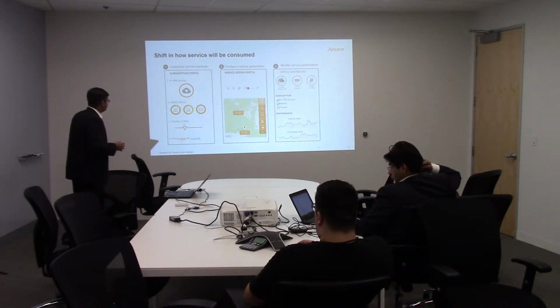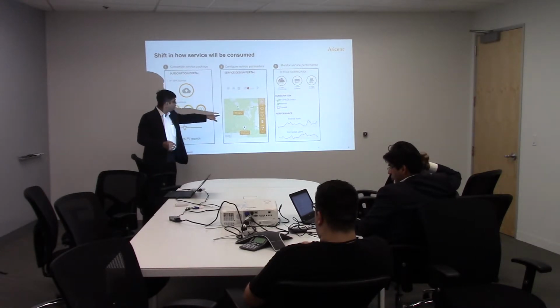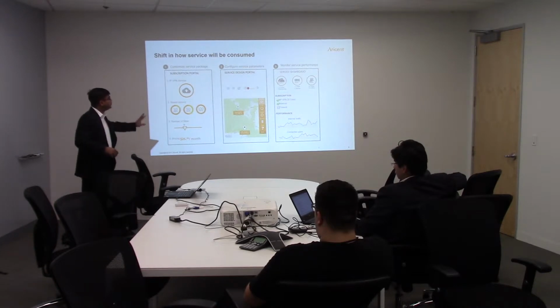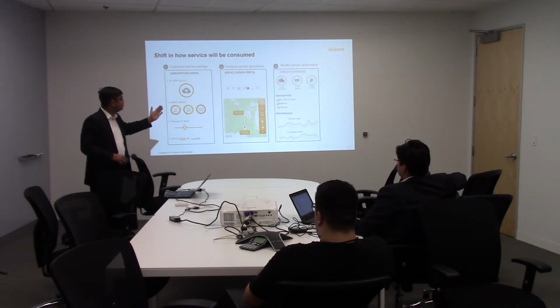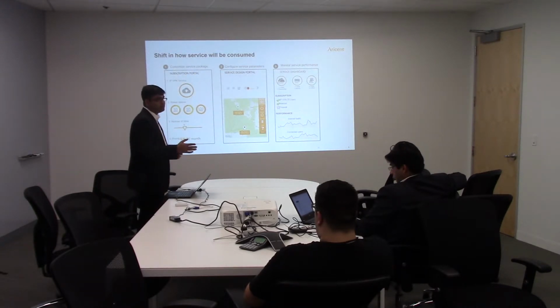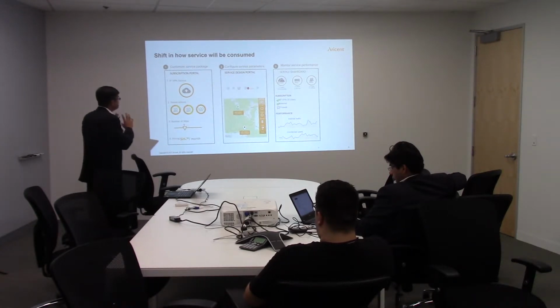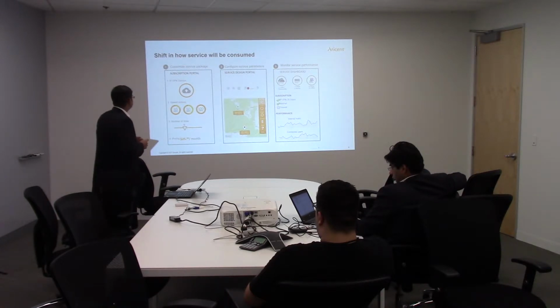Once I have selected my service and I know the price, I can even configure which locations I want this service to be activated. And once my service is activated, I have a dashboard where I can see how much I have been charged based on the usage that I have over a month or a week or so on. So this is how the service consumption approach is changing.